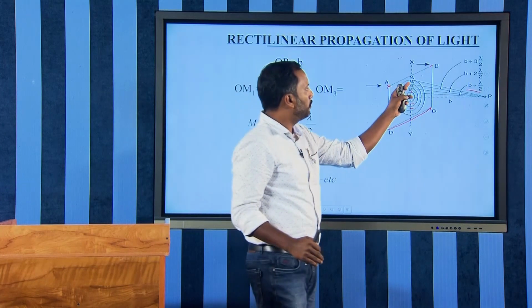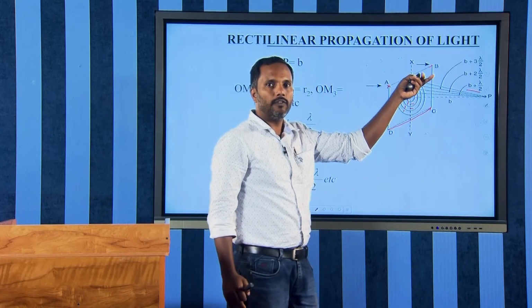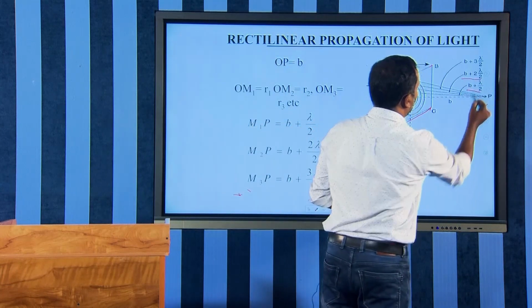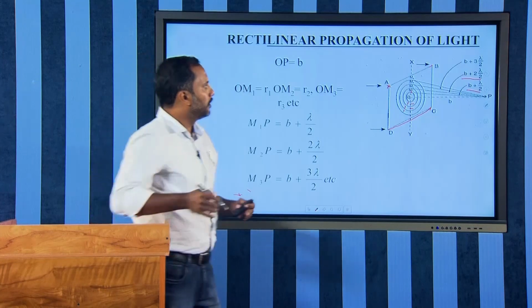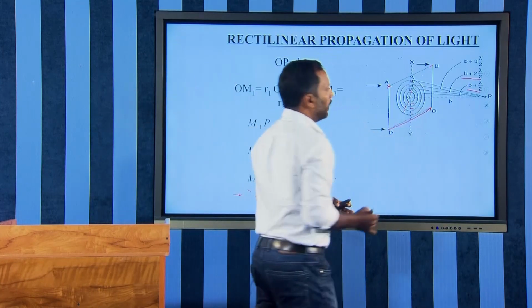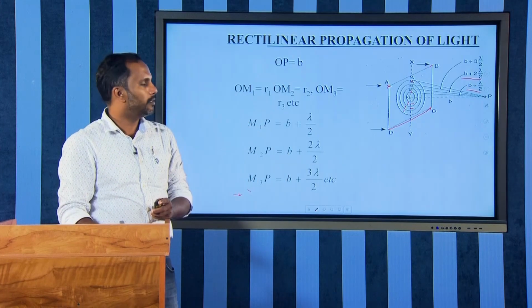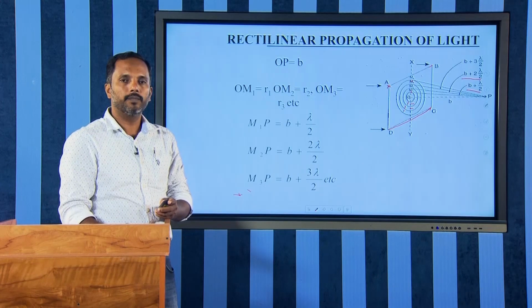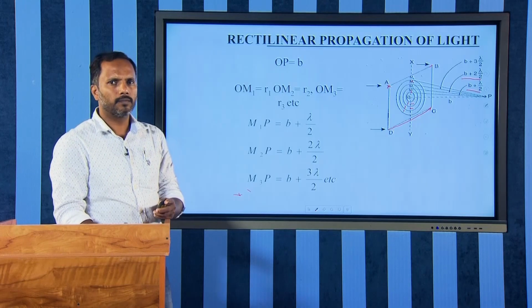Similarly, from M2 to P there will be another addition of lambda by 2, that will be 2 lambda by 2. So, this distance will be B plus 2 lambda by 2, and when the light comes from M3, the third region, that gives an addition of 3 lambda by 2 path difference to B. That means the distance will be B plus 3 lambda by 2 and so on.